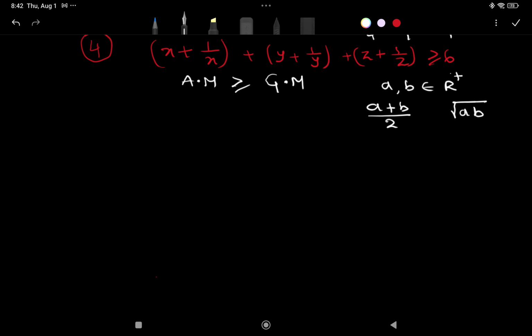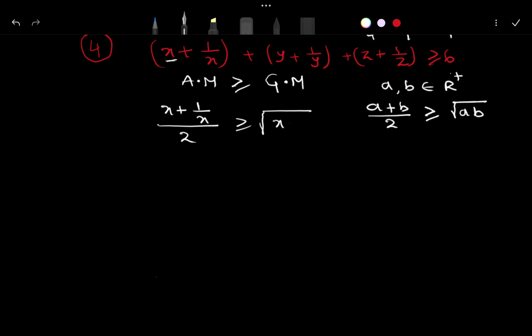Now according to this, you can write that it is greater than or equal. Here x is positive, so you can use this formula: x plus 1 by x whole divided by 2 is greater than or equal to square root of x into 1 by x.